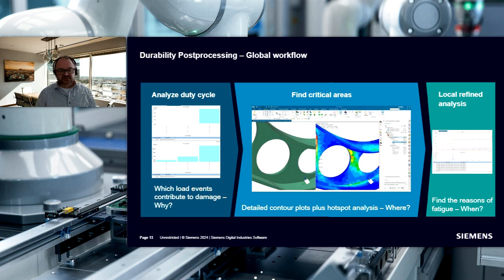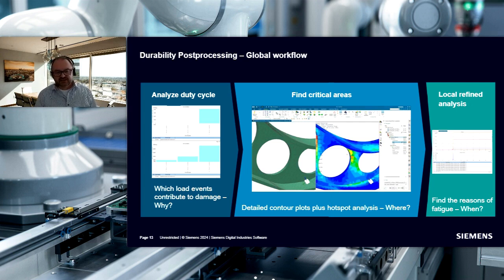And in the first step, you directly see which of those events are the most important ones with respect to the highest stresses, with respect to the lowest safety factors, but also with respect to lifetime. You get just the color, you get just the bar chart, and in this case, you see the third one. This is the important one, and then you focus on this third event.